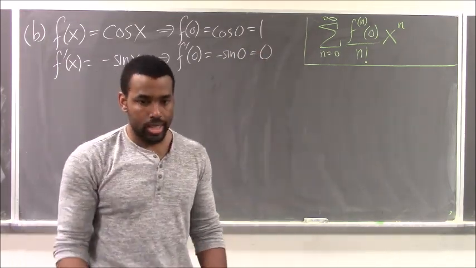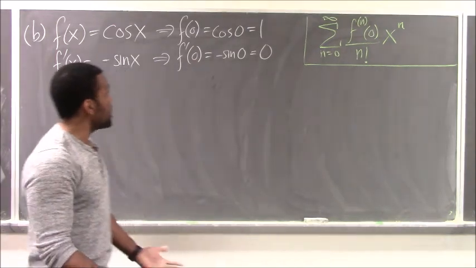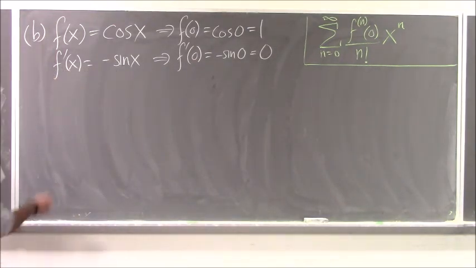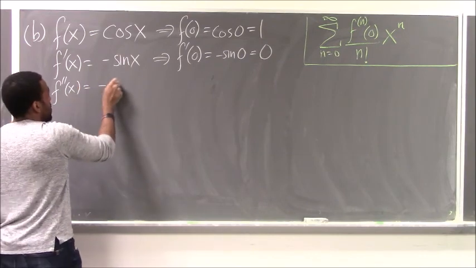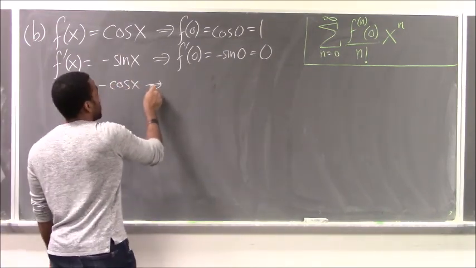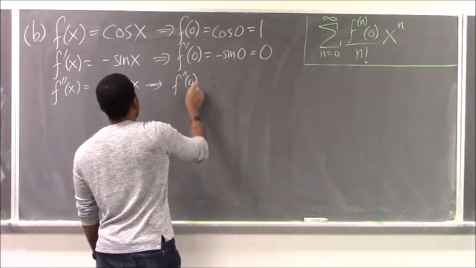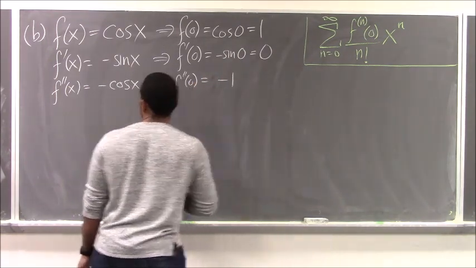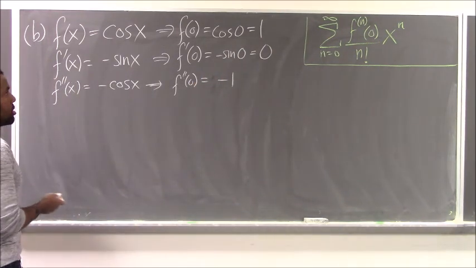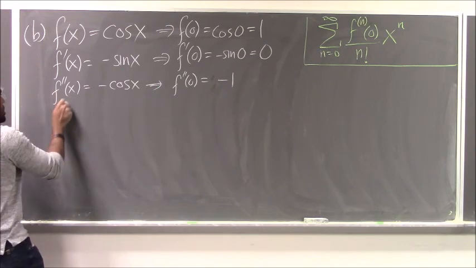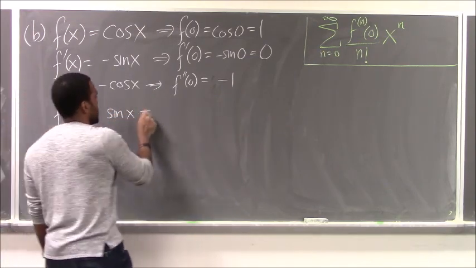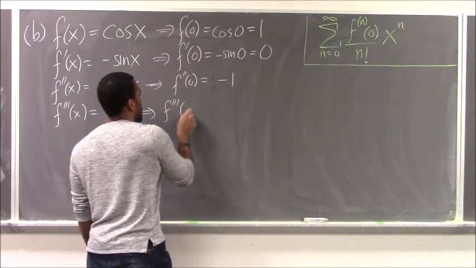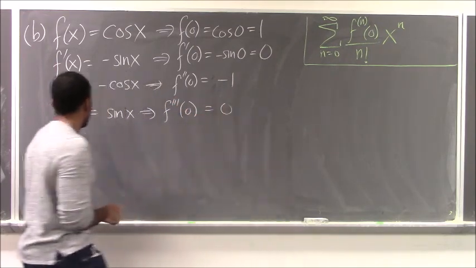And the idea is now you rinse and repeat. You keep doing this until you can see a pattern. So you find the second derivative. That would be minus cosine. This means second derivative evaluated at 0 is minus 1. Okay, I'm not sure I see a pattern yet. Let's do the third derivative. This is positive sine. So the third derivative evaluated at 0 is 0.